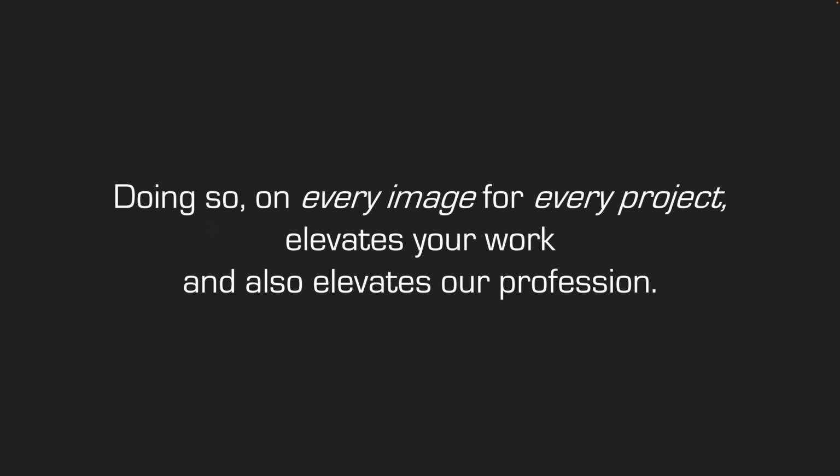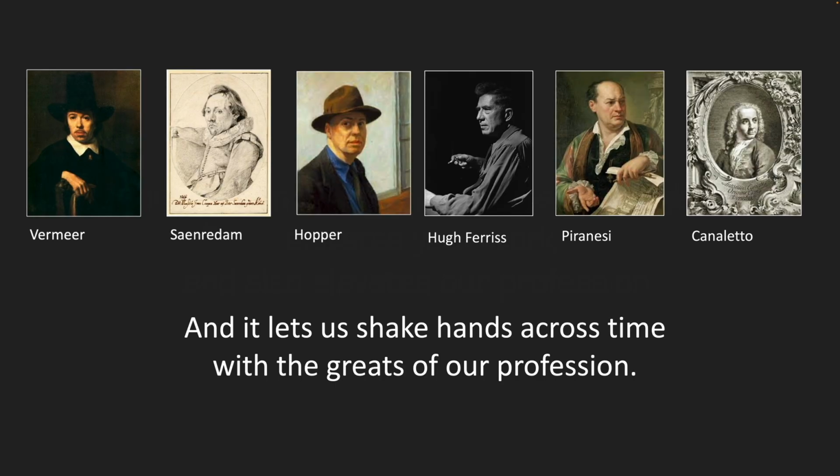Doing this on every image, for every job, this elevates our profession. This allows us to kind of shake hands across time with these great artists who have formed the basis of what we do as architectural photographers. People like Vermeer and Hopper and Piranesi and Canaletto.